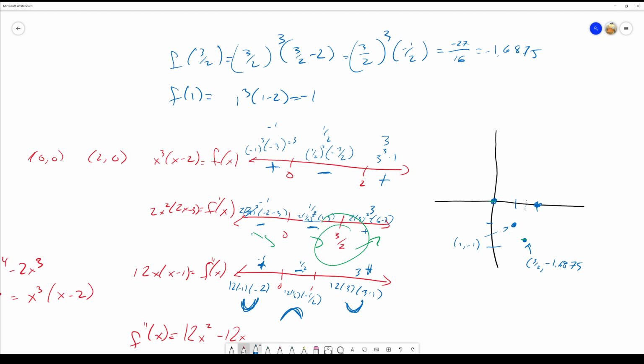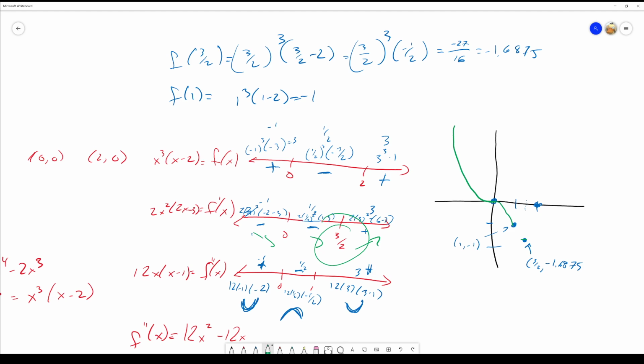All right, so let's get green. We're going to be decreasing, and we're going to be concave up until we hit 0, 0. Now at 0, 0, after this, I'm still going to be decreasing, but I'm going to be concave down until I get to 1.